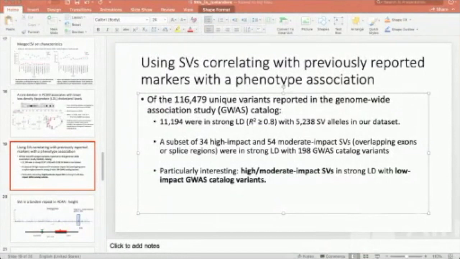But I would mainly say if we are able to call more SVs on one hand and more SNPs and indels on the other, we could increase that number. Surely we have false negatives in our own data, a lot of them I believe, and many would probably correlate with the GWAS catalog members as well.